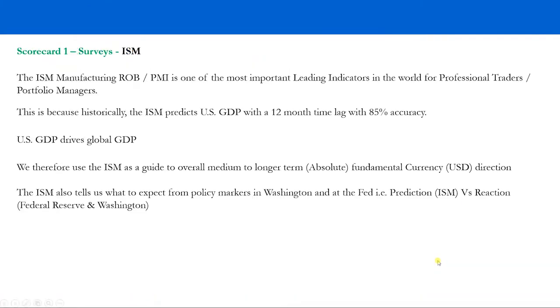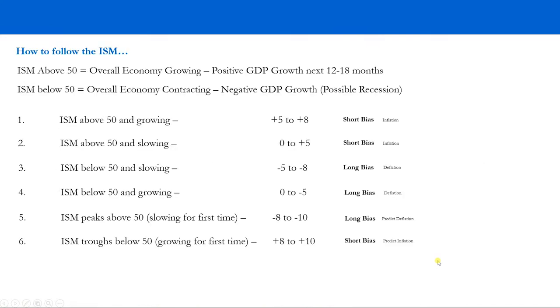Now, if we go back to the presentation, it means we can start to understand this slide a little bit better, whereby if we look at the 6 cases, we have the ISM above 50 and growing. We tend to have a short bias, but the scorecard is not extreme. So we're looking at medium to high conviction on our scorecard, scoring a +5 to a +8 on the inflationary scale of 0 to +10.